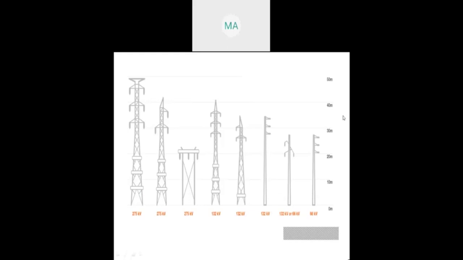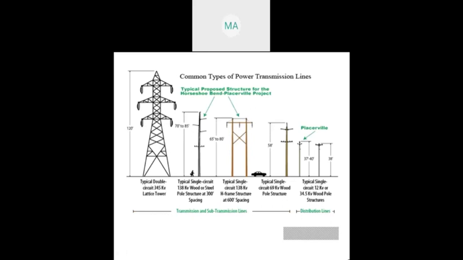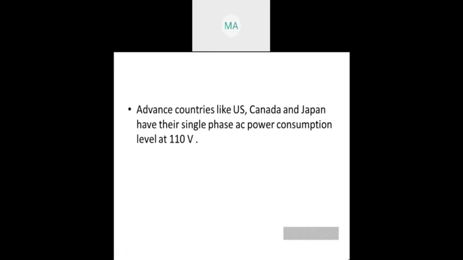So we have different structures for different voltage levels along with the height. By seeing the tower structure outside, you can tell the voltage level.